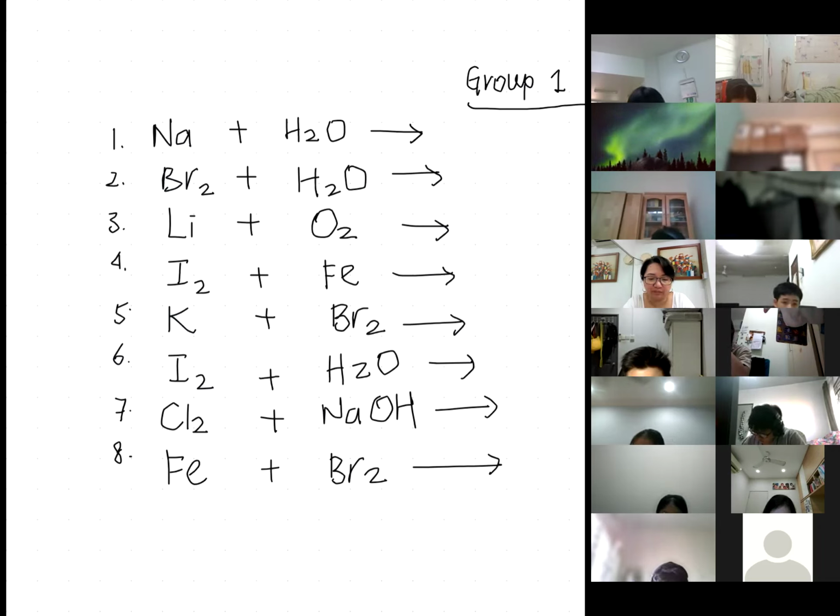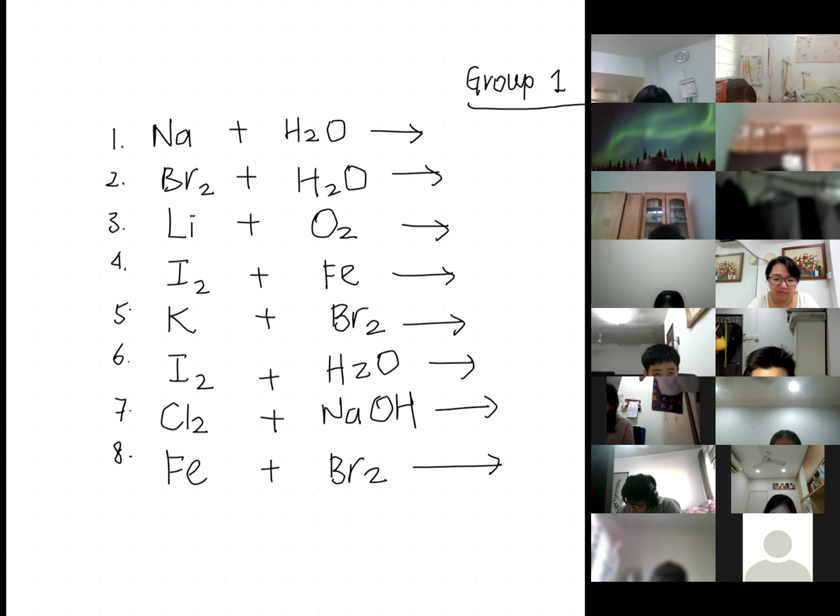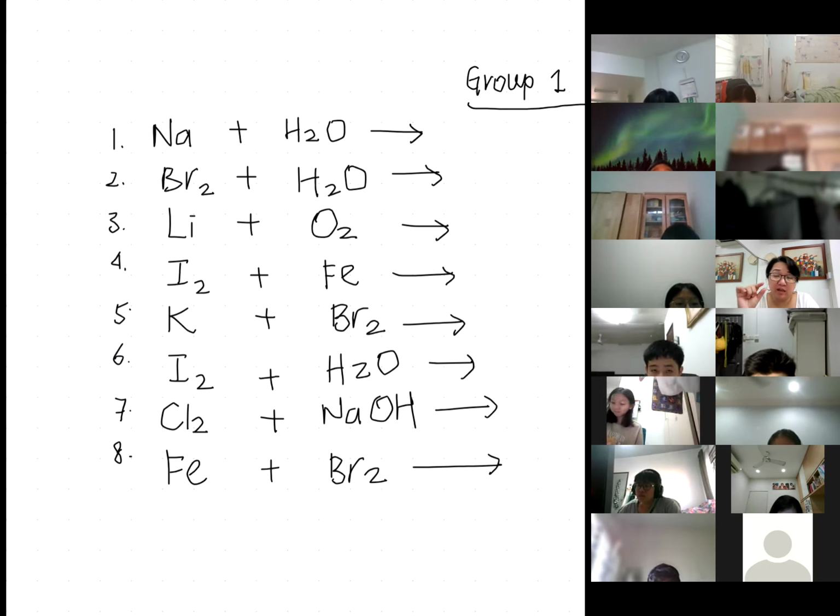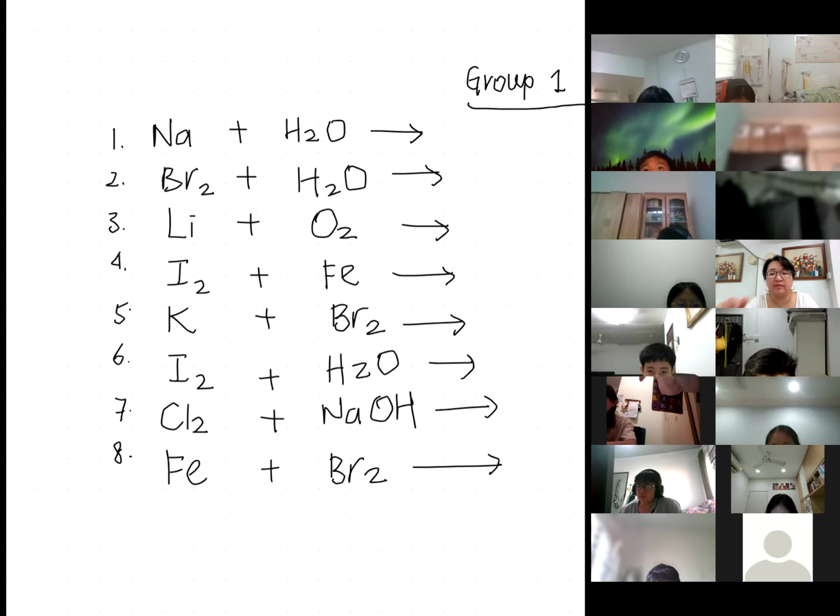Ziyi, you can raise hand. Yes. Kaylin Liu can raise hand. Kaylin, you must think whether that particular metal is metal or non-metal, group 1 or group 17. You cannot just write down like that.